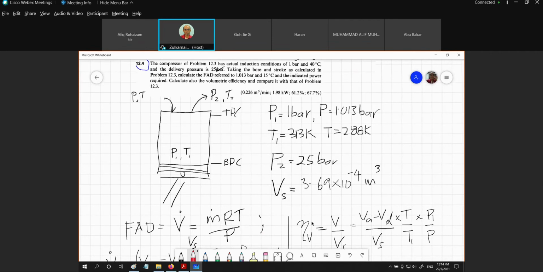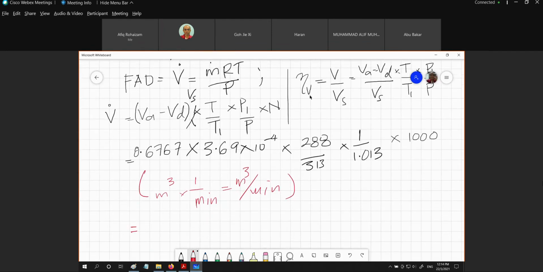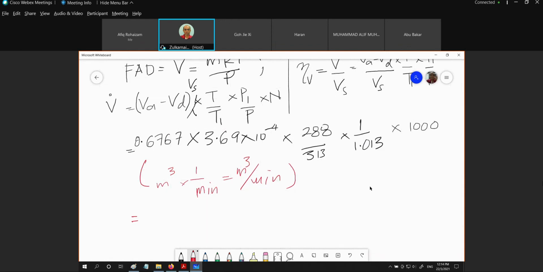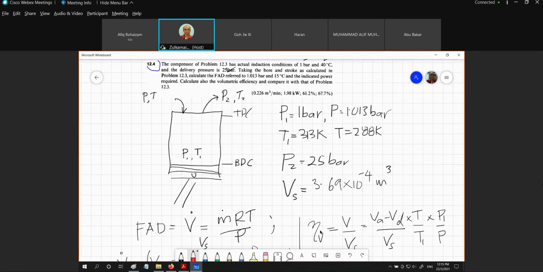Kita akan dapat 0.226. Verify that. Betul, sir. 0.226 meter cube per minute. Okay, so nampak macam mana ada soalan yang minta FAD, ada soalan yang minta LOD, dia ada cara dia lah ya.